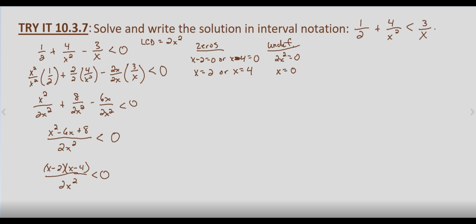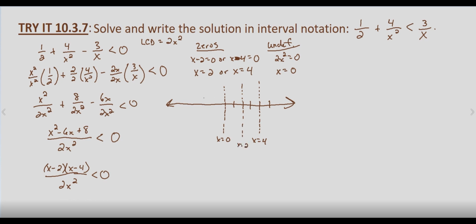And now we go ahead and line everything up just like we normally would on our number line. So let's write down our critical points. We have x equals 0. That's where it's undefined. And then we have x equals 2, and x equals 4, where it's equal to 0.